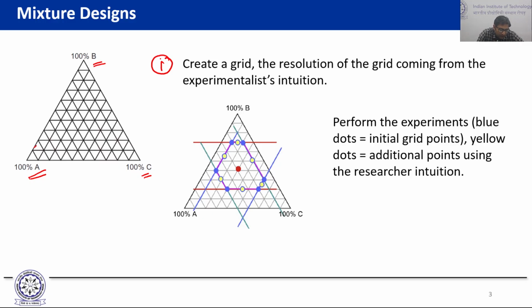We have blue dots, we have yellow dots and so on. So the blue dots are the ones where we do the experiments initially. In other words, the compositions marked with blue dots are the ones that you as the experimentalist would be using your own intuition to figure out.